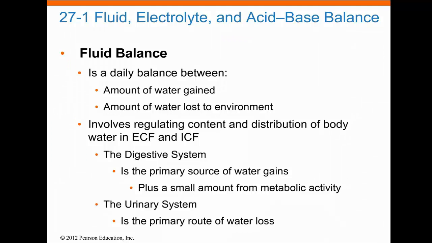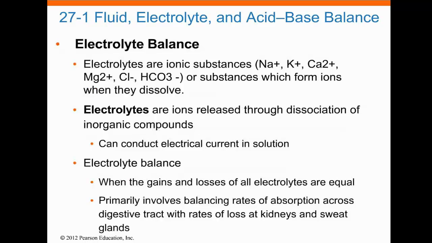Electrolyte balance is really important. Electrolytes, as we said before, are ionic substances such as potassium, sodium, calcium, magnesium, chloride, and bicarbonate, or substances which form ions when they dissolve. So electrolytes are ions released through the dissociation of inorganic compounds, and they can conduct electricity in the solution.